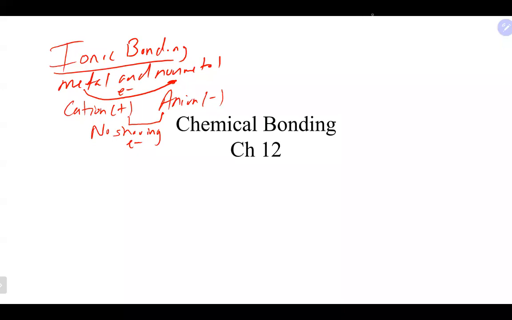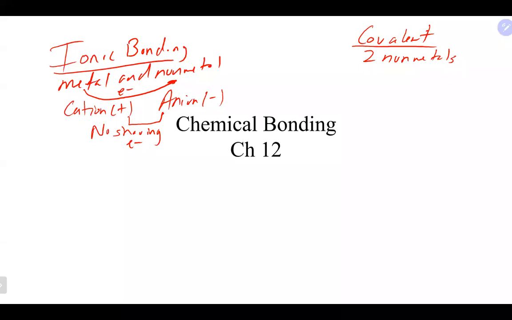The other type of bonding we'll talk about here is covalent bonding. And in covalent bonding, this is usually between two nonmetals. And as we talked about today, in terms of periodic trends, when we get two nonmetals together, they're basically located on the same spot pretty much on the periodic table, which means they share very similar periodic trends like electronegativity, ionization energy, and all those things that we were talking about today.